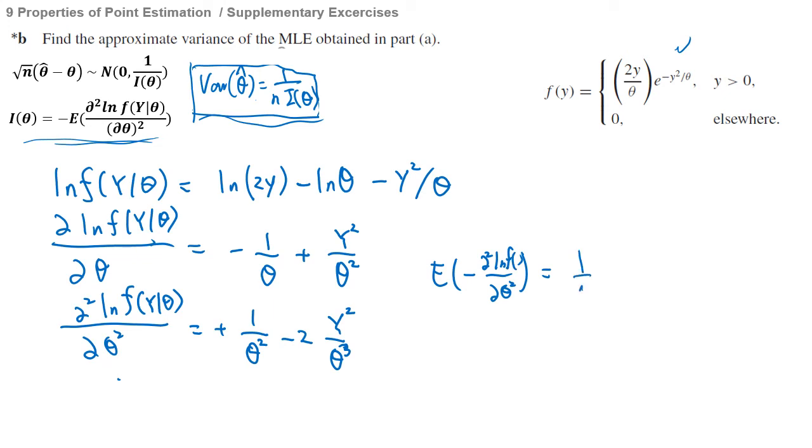So the expected value of minus this thing is 1 over zeta squared minus 1 over zeta squared plus 2 over zeta cubed times the expected value of y squared. Actually, for the expected value of y squared, let's put z equals y squared.